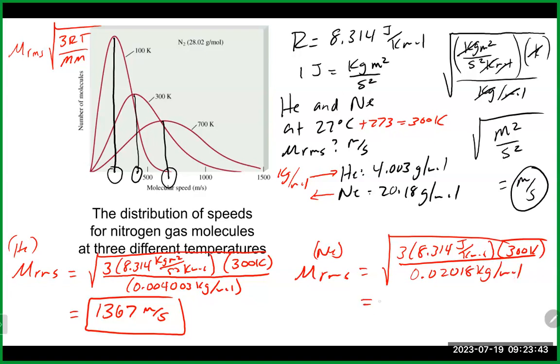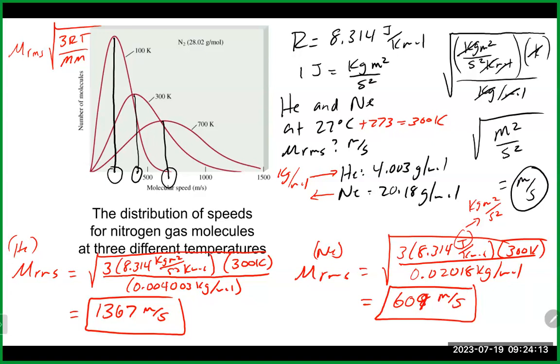Again, everything's going to cancel. That joule is our kilogram meter squared per second squared. So we do 3 times 8.314 times 300 divided by 0.02018, and taking the square root of it gives us about 608 or 9 meters per second as our root mean square velocity for neon.